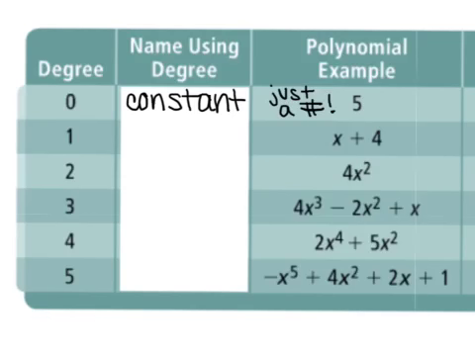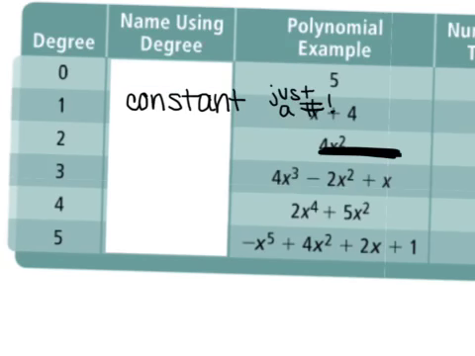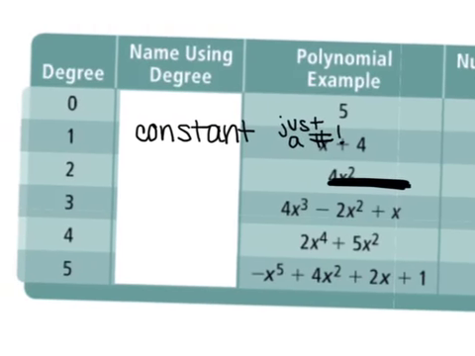In that example, x plus 4, that x is to what power? Right here, this x plus 4. Lenny? Is there such thing as a first power? Yeah, there absolutely is. This is like x to the first power.